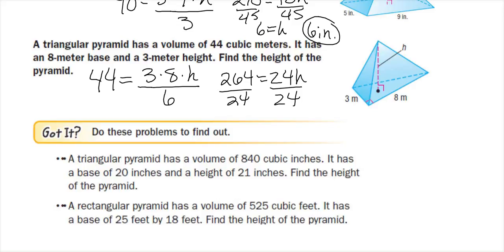That doesn't sound right. What's wrong here? 3 times 8. Typed it in wrong, maybe. 44 times 6. It's 264.